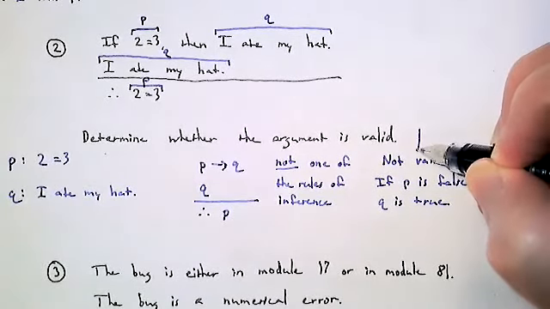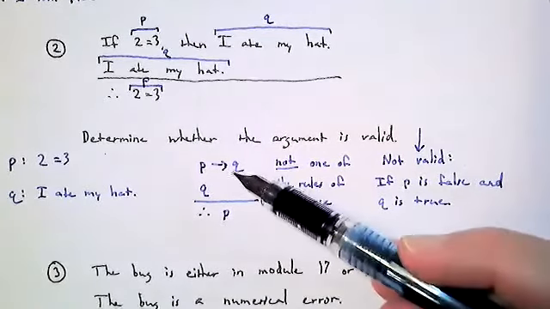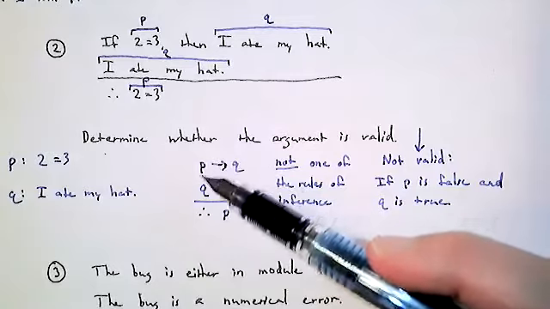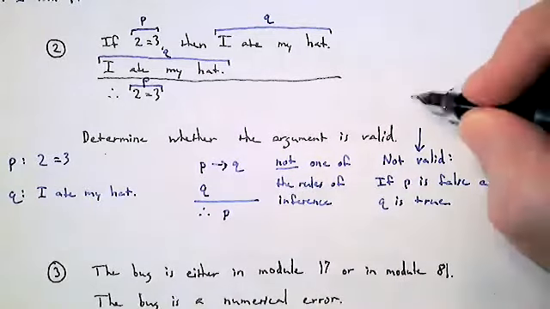If an argument is not valid, we're trying to find an example where the two hypotheses are both true, but the conclusion is false.